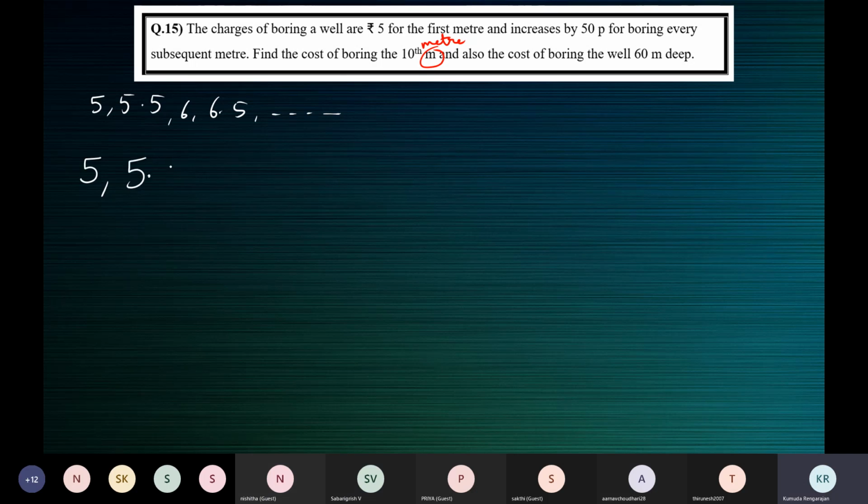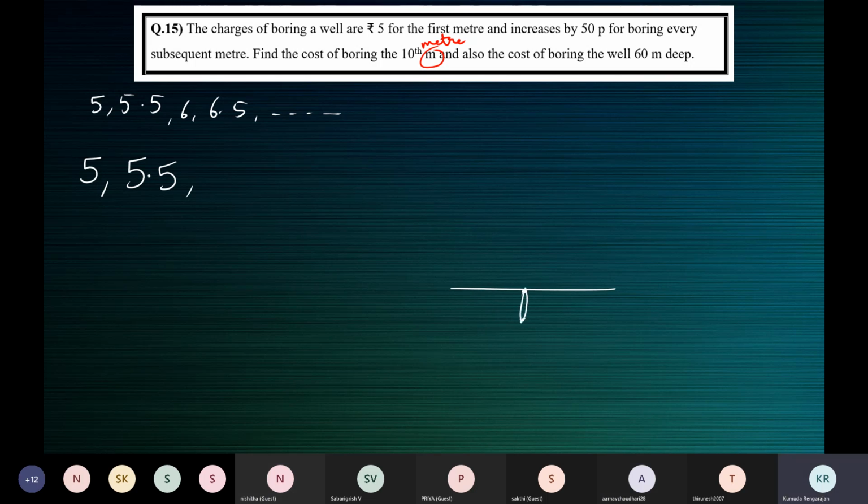What is 5.5? It is the cost of boring the second. Is it the cost of boring the second meter or is it the cost of boring 2 meters? Second meter. Now supposing this is the ground level.